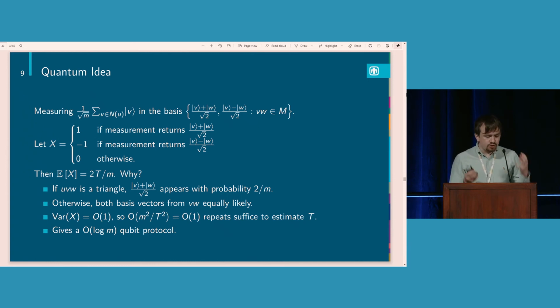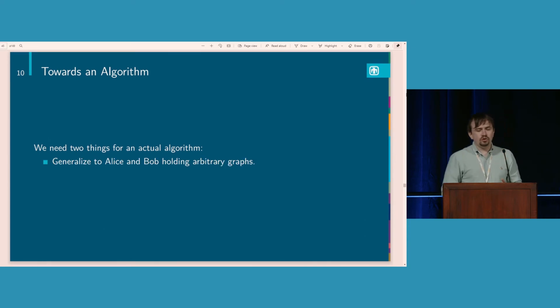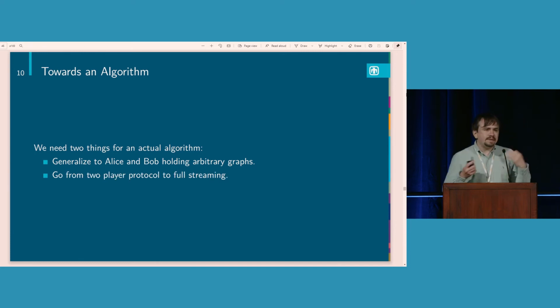And so what we want to do then is go from this very specific protocol for a communication game on this classically hard set of graphs to something that works when Alice and Bob have whatever graph, and something that we can actually implement in the stream. In the remainder of the talk, I'm going to tell you how you can do both of these things.